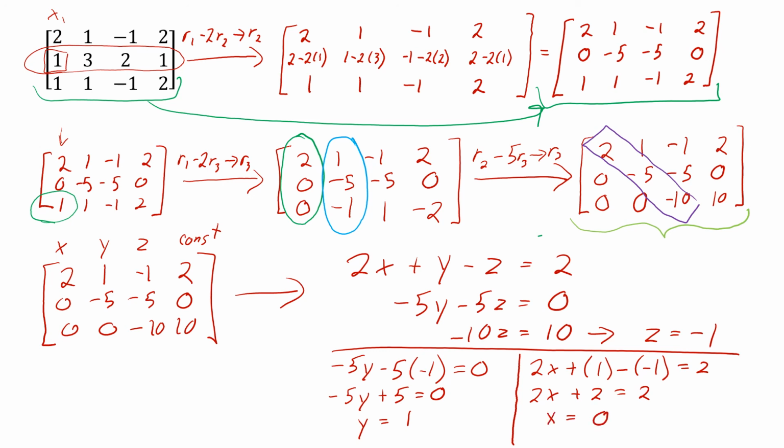So my solution is x equals 0, y equals 1, z equals negative 1. Put this back in the equations, make sure it's correct, but this gives me my solution by using elementary row operations to solve the augmented matrix and turn it into a triangular form.